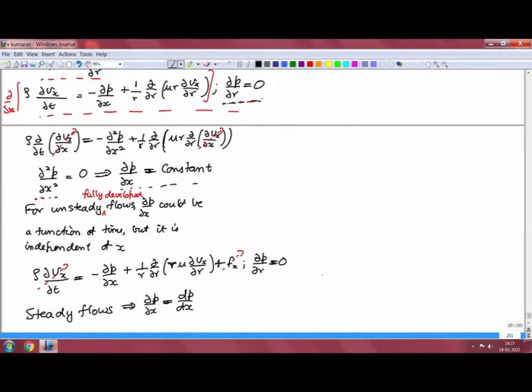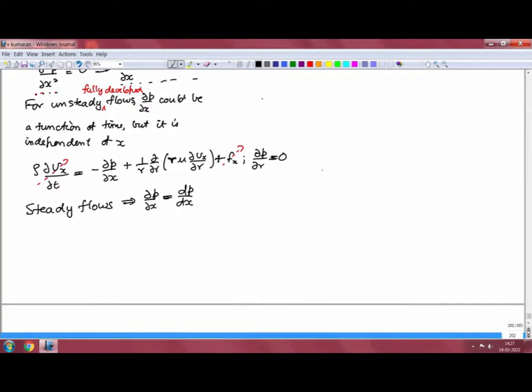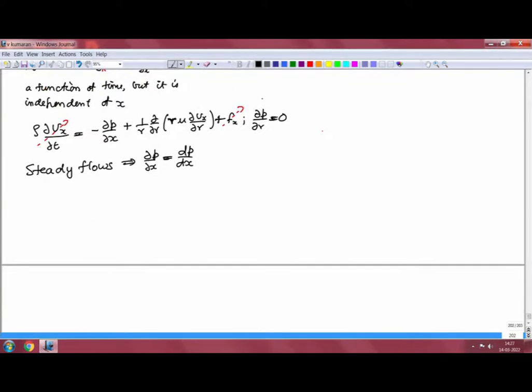Because of that, this derivative dp by dx, what I will call the pressure gradient, is independent of r and it is independent of x. In addition, if the flow is steady, then this dp by dx is also independent of time, and therefore it is a constant. It is equal to the total derivative because it is also independent of time.